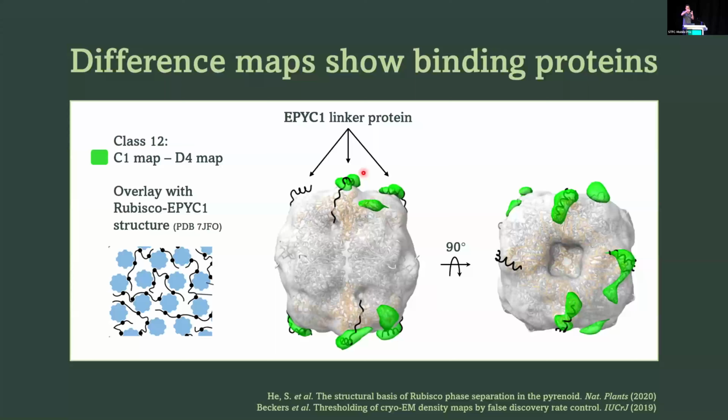It has these repeating binding motifs in between unstructured segments, and that is what forms the condensate, the pyrenoid condensate, as can be seen illustrated here. Okay, so we see evidence for the binding of this EPYC1. However, it binds asymmetrically. So yeah, here, for example, we didn't find density.